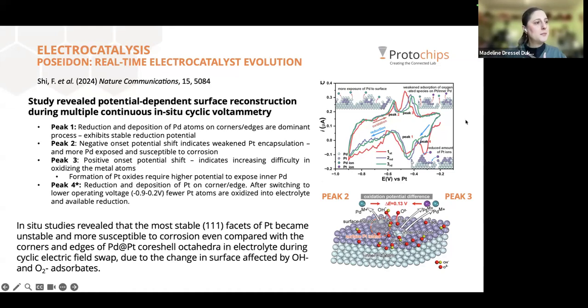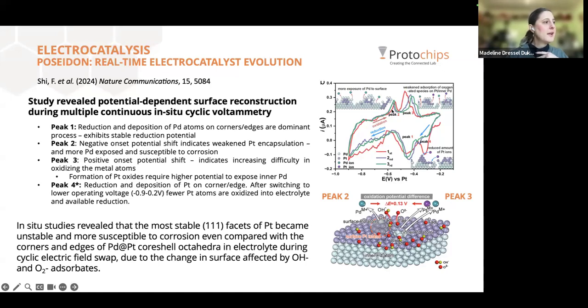Again, here is our peak 1 down here. It's pretty stable, it stays at about the same point. This is our reduction and deposition of palladium, particularly on the edges and the corners. What they find is that those are more stable regions, so they don't tend to etch away completely.